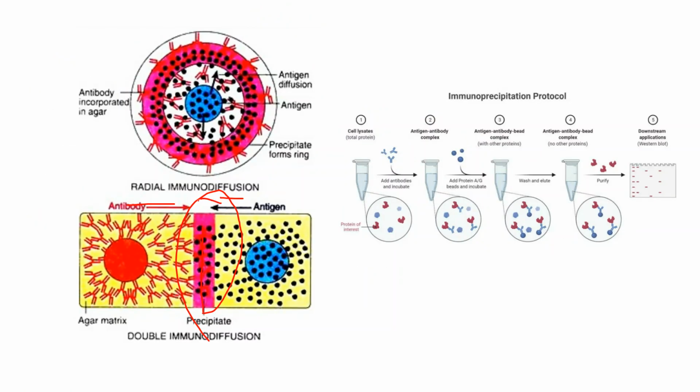This is the line where they precipitate. So this is the agar matrix. They add this antibody to check the specificity and they add this antigen. Here the antigen amount is more.